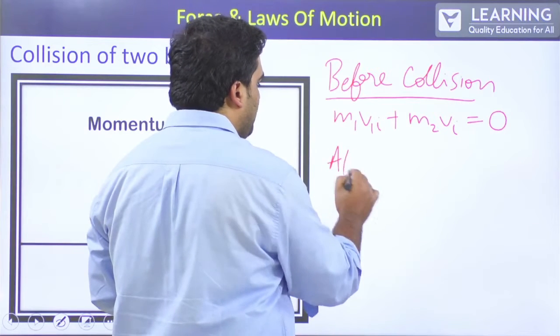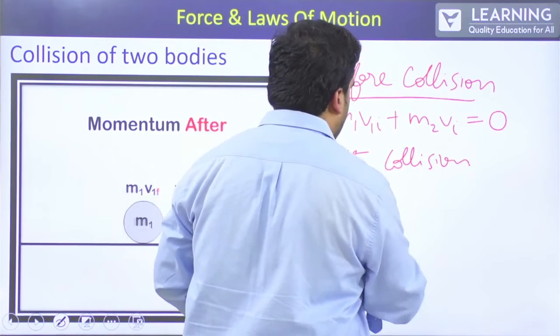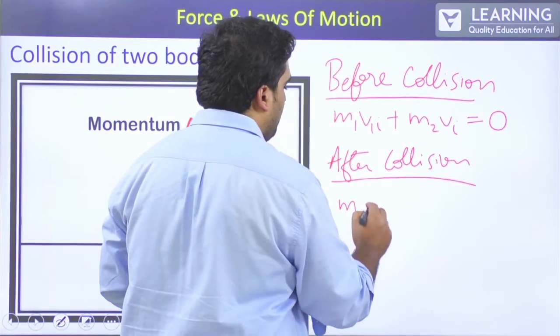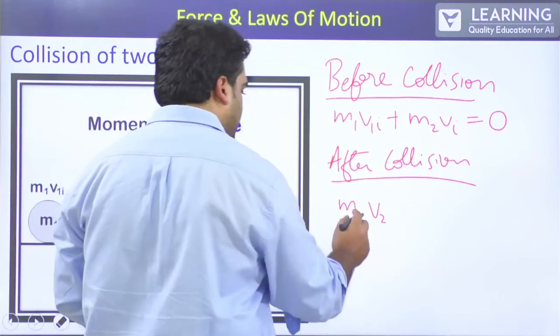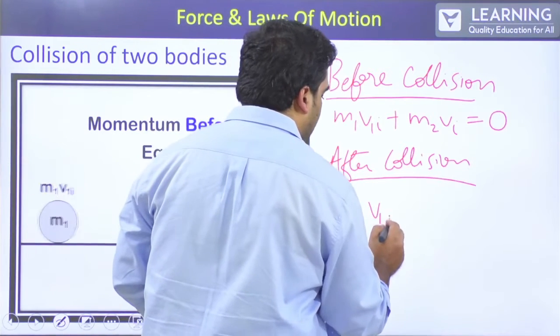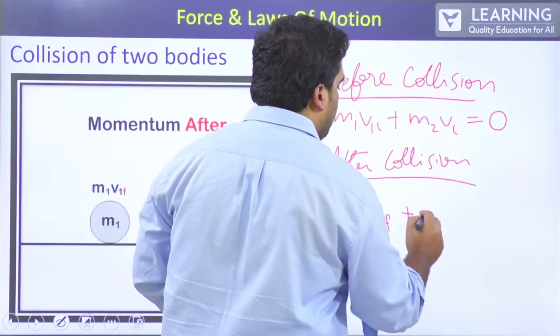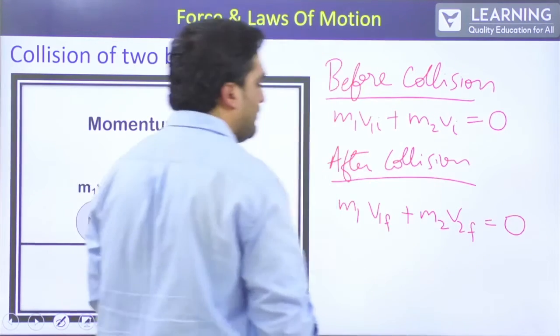Similarly, after collision, we have m1 v1f plus m2 v2f is equal to 0.